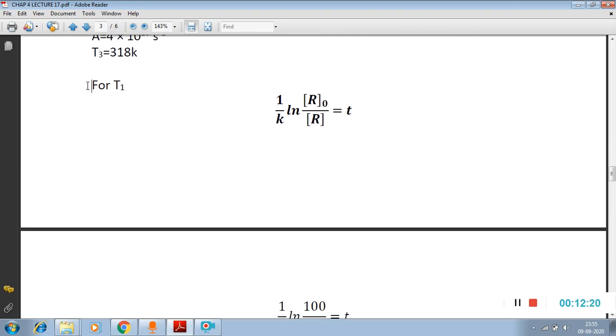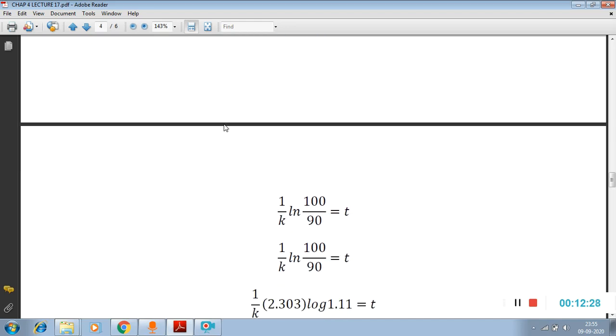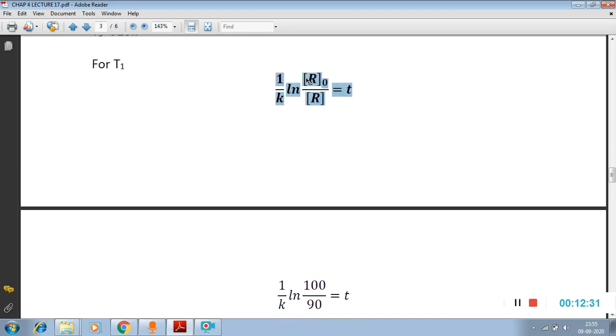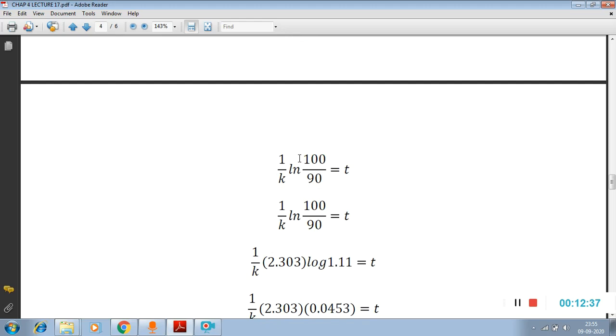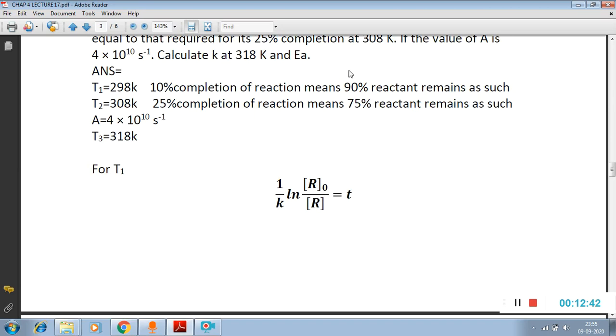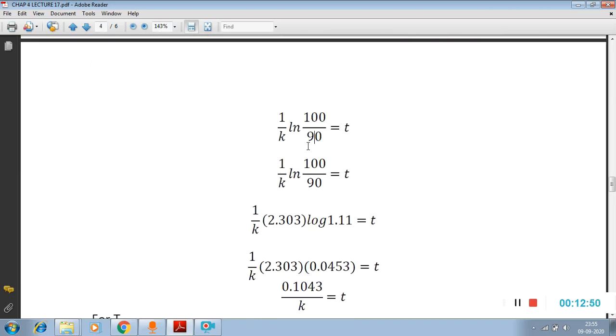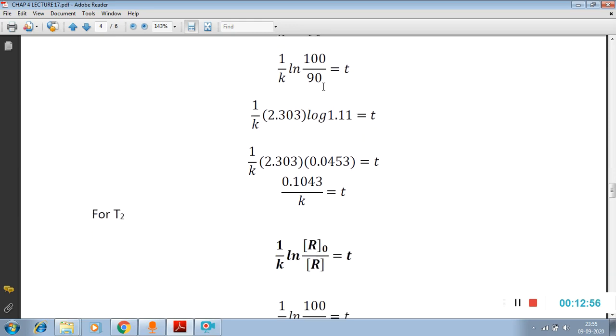Now for the first temperature, this is the differential equation for a first order reaction. Now we have this A0, R0 and R. Suppose the initial concentration is 100 and at T1 you can see 90% of the reactant remains as such, so instead of R I have taken 90 here, is equal to T. Now 100 divided by 90, that is 1.11, so I have written that.